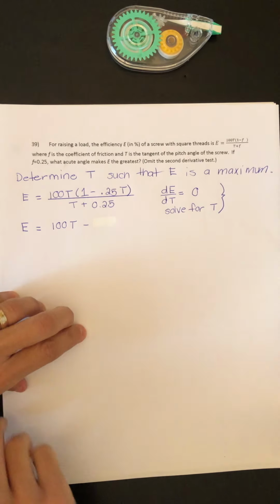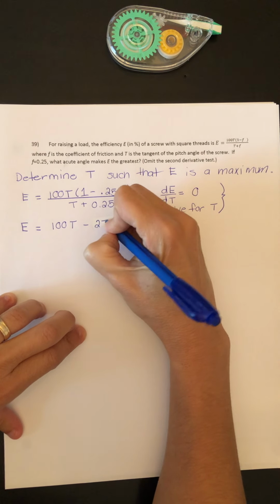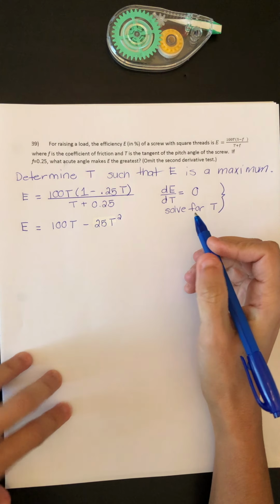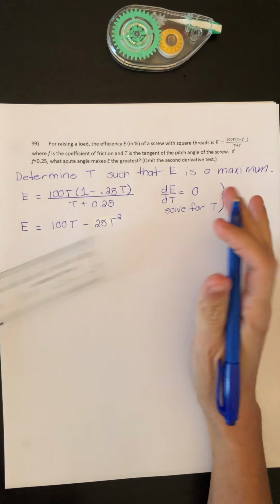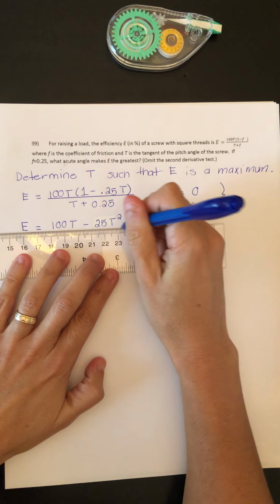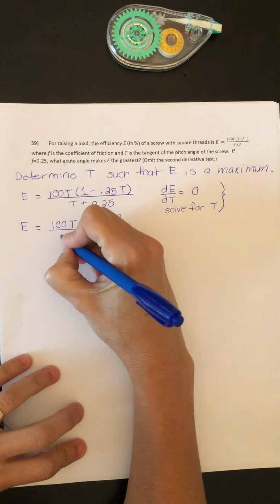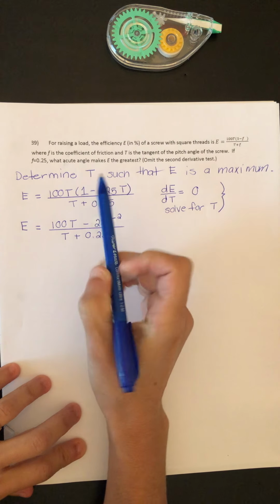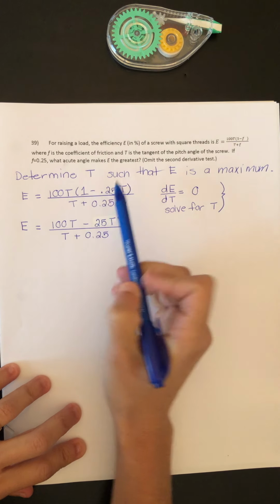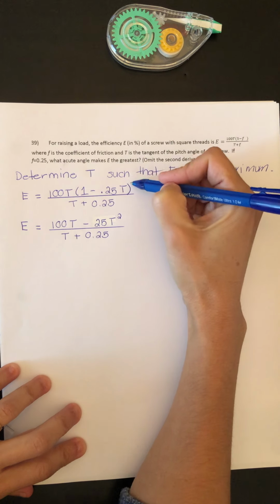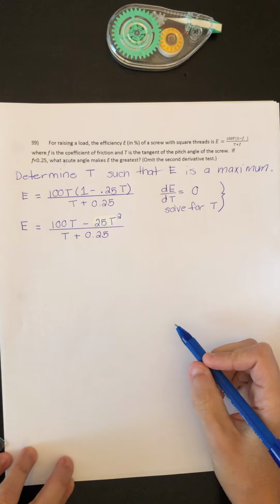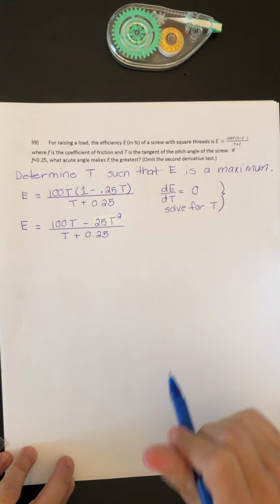The numerator instead will look like this. We're going to get in the numerator 100t minus 25t squared. And the denominator here remains the same. I just opened up this bracket here, and of course we can do that because the exponent here is just a 1. Perfect. And now I do still have a quotient.